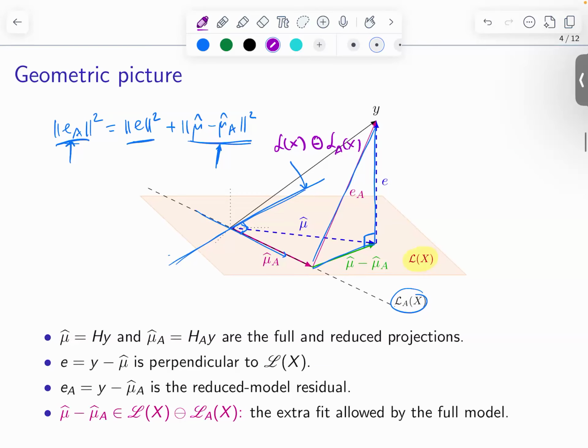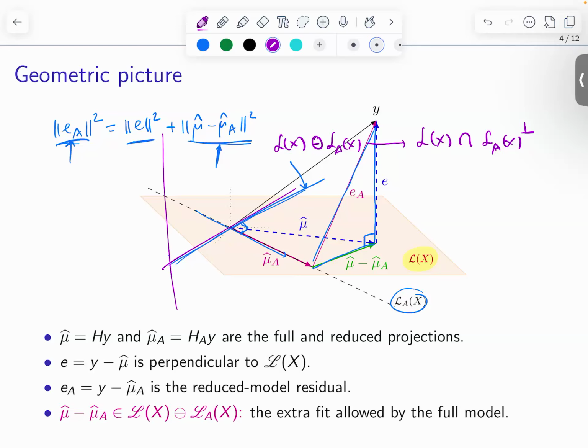The formal definition is that this is really L of x intersect the orthogonal complement of L_A of x. L_A of x is a subspace. It has an orthogonal complement, which is anything that's orthogonal to L_A of x. And we take the intersection with L of x. Among all those directions that are orthogonal to L_A of x, only those directions that are inside L of x are the ones that I care about, and those are exactly this.